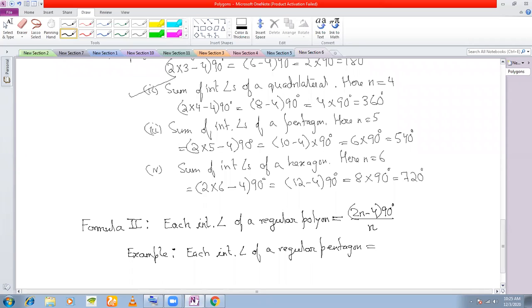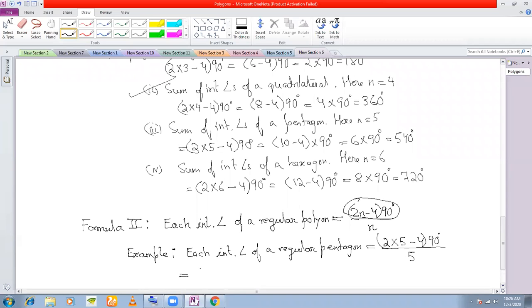It is equal to, see, this 2n minus 4 into 90 is nothing but the sum of the interior angles. Okay, fine, let us put it here. 2 into n, how many sides in a pentagon? 5, minus 4, into 90 degrees divided by 5.